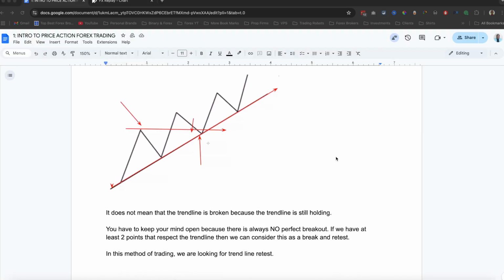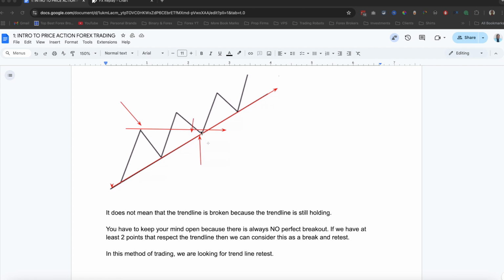This is an illustration of the trend line, and you see, this trend line is respected. Okay, this trend line is respected here, and sometimes the trend line can be broken downside, right? That's why we say here that it does not mean that the trend line is broken, because the trend line is still holding, right?